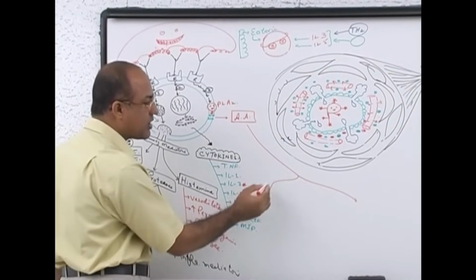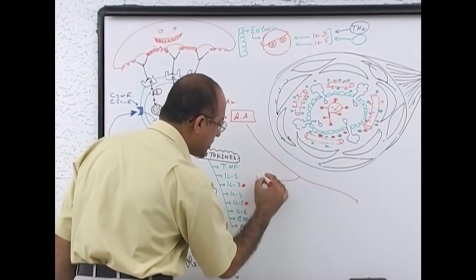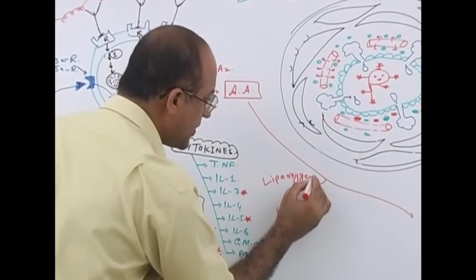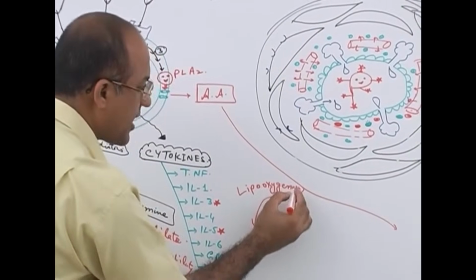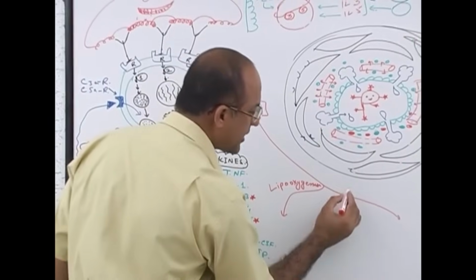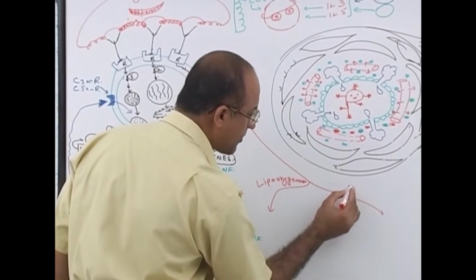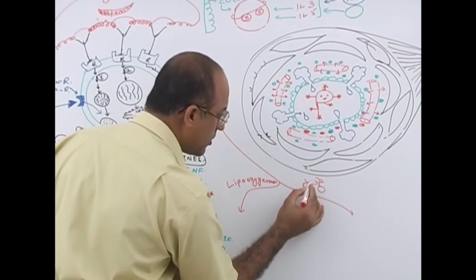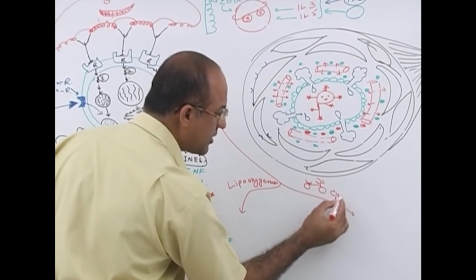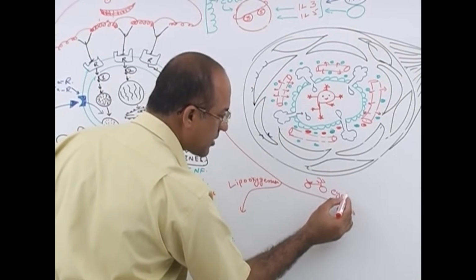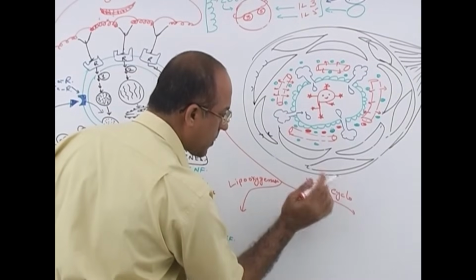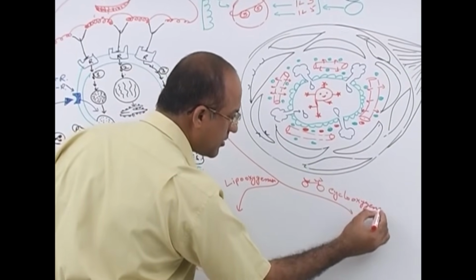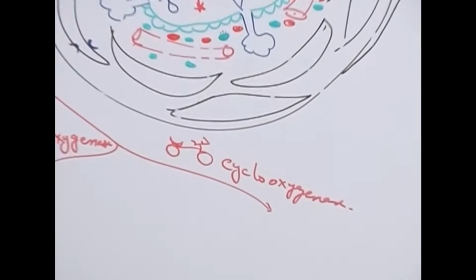Some of the arachidonic acid will go into the lipooxygenase pathway, and another enzyme will take it along the cyclooxygenase pathway.